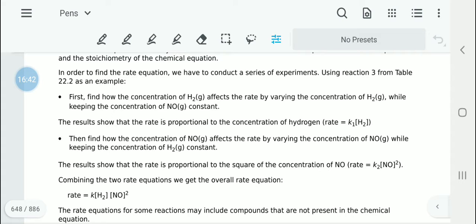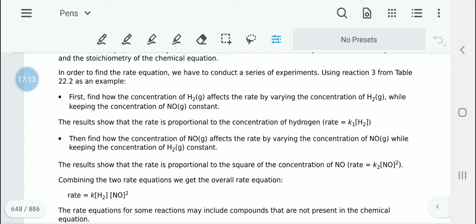First, we have to find how the concentration of hydrogen would affect the rate by changing the concentration of H2, while we maintain the nitrogen monoxide concentration constant. This will show us that the rate is proportional to the concentration of hydrogen: if we double the concentration of hydrogen, the rate also doubles.